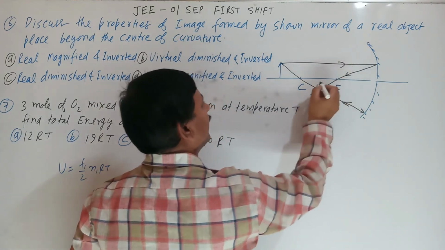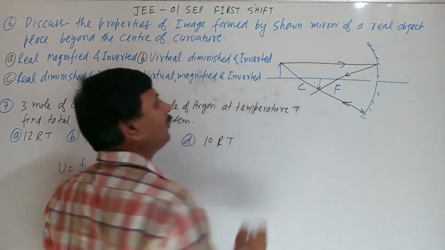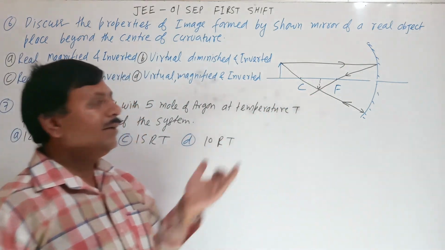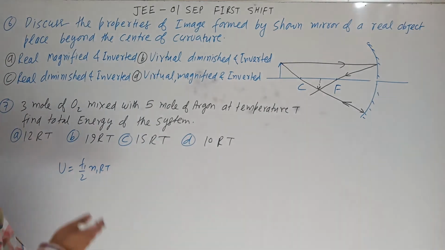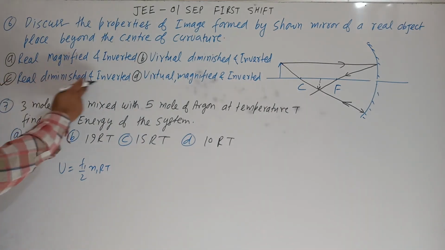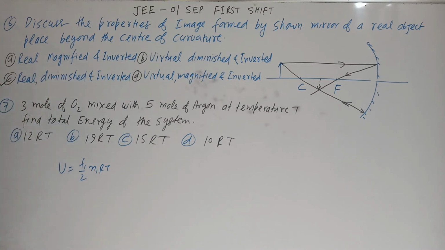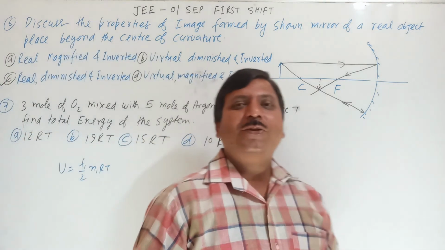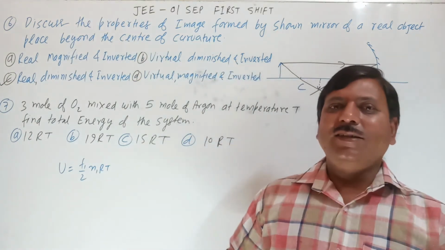You can see here how the image is formed. The image is real, inverted and diminished. So what will be the correct option? Real, diminished and inverted. There is no twist, a very easy question based upon 10th class.